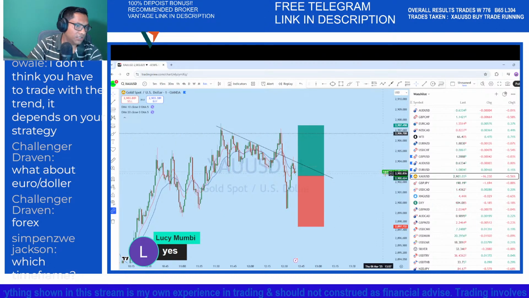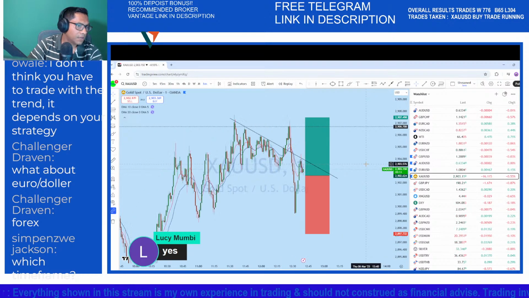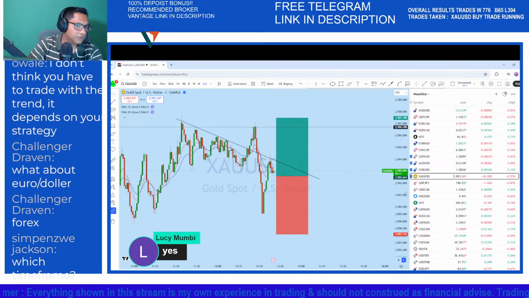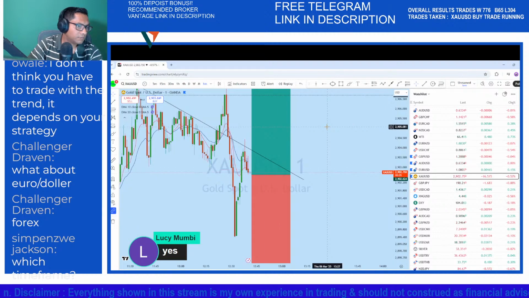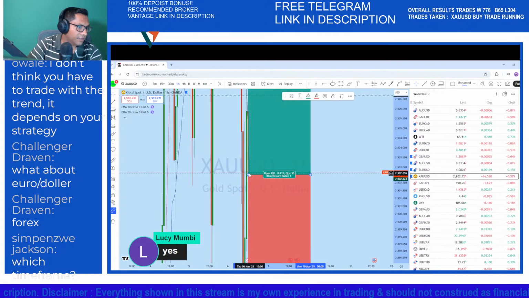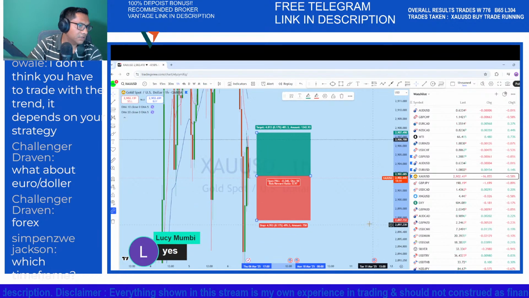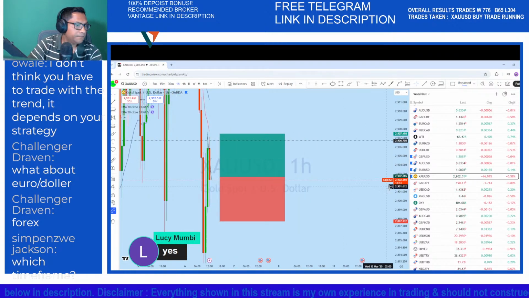I'd like to see it trending to the upside and creating a new higher high here. But if it is coming back below here, that's a different story. So let's see what we want to see here.